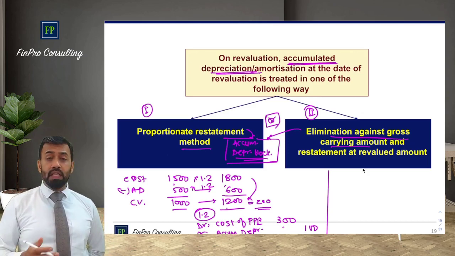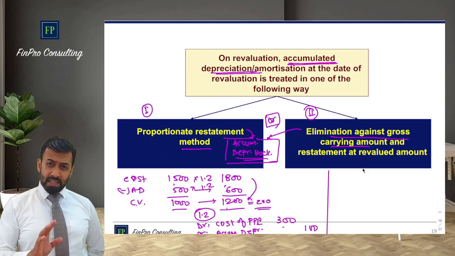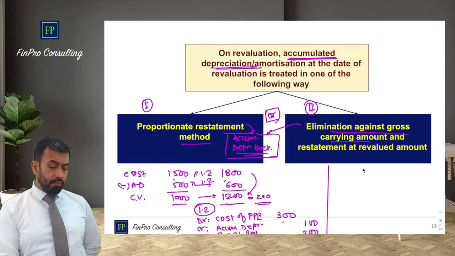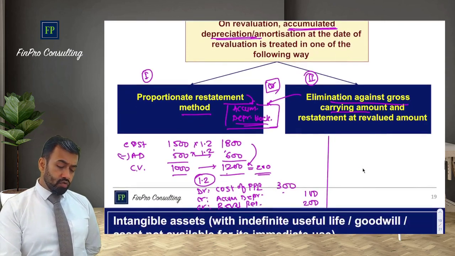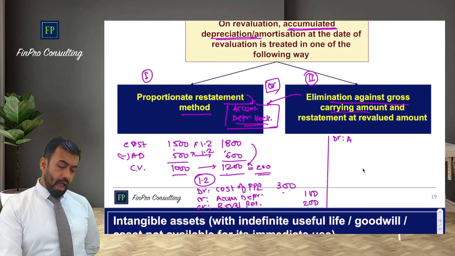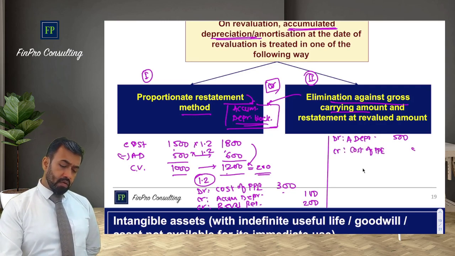What we have to do in the second method? In the second method, we have to eliminate this accumulated depreciation against cost. So the first entry in this case, same example: debit accumulated depreciation, 500, wipe it off, against cost of PPE, 500.